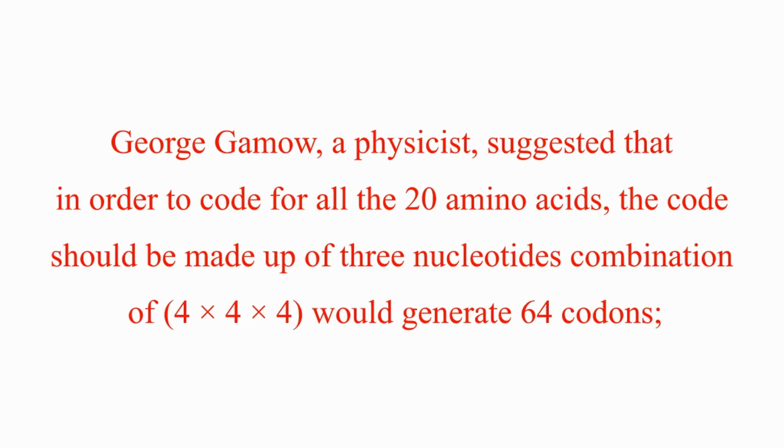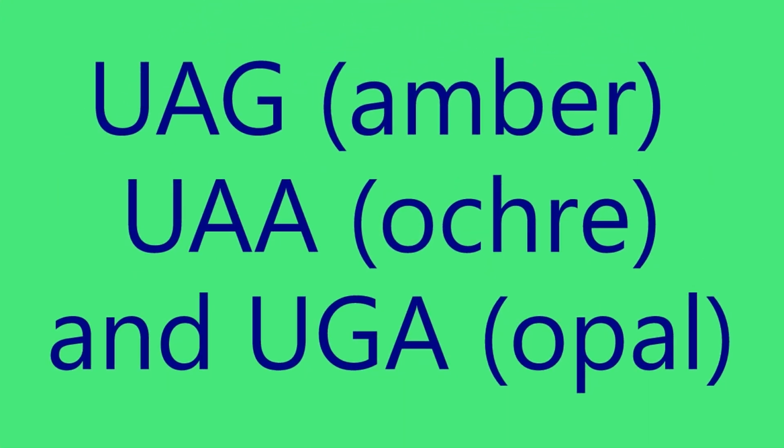We get 64 codons. 61 codons code for 20 amino acids. 3 codons are stop codons: UAA, UAG, and UGA. They signal the end of protein synthesis.